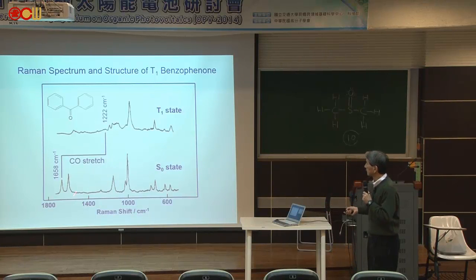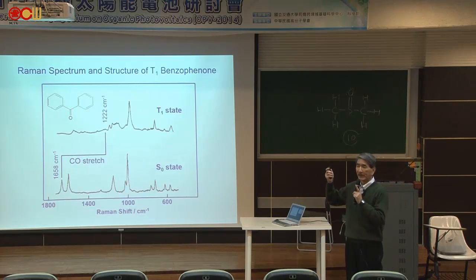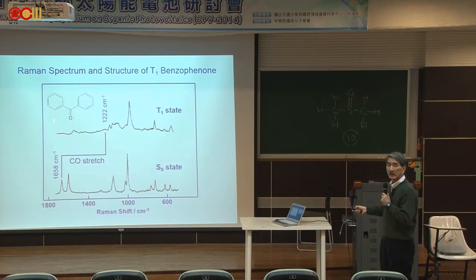And this is the CO stretch in the single bond region. So in fact, in the excited state of benzophenone, this double bond is practically a single bond. And electrons of the bonding are localized on the oxygen atom and the carbon atom and make a kind of biradical. You know biradical? Two unpaired electrons from here.